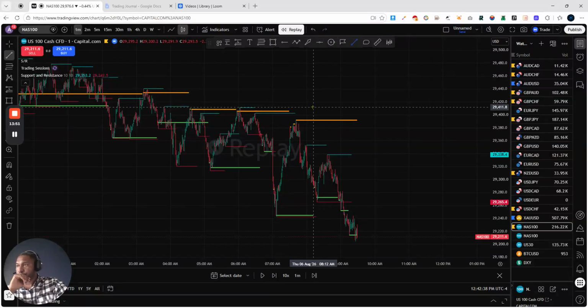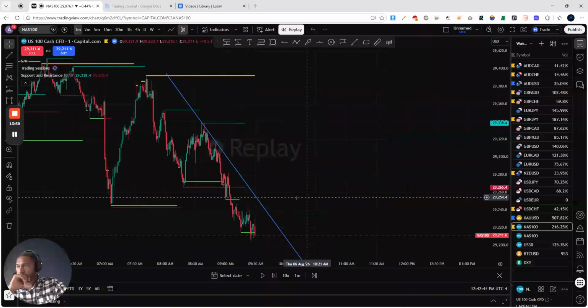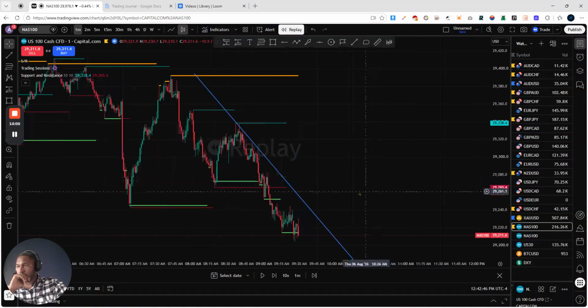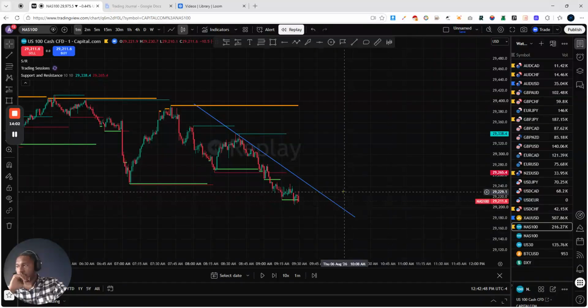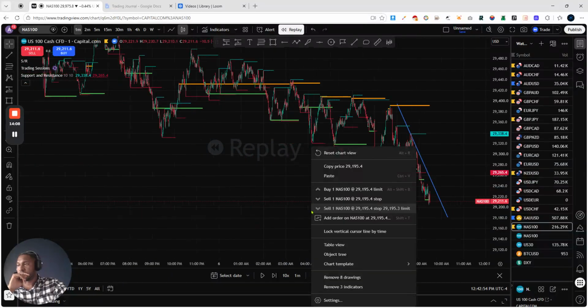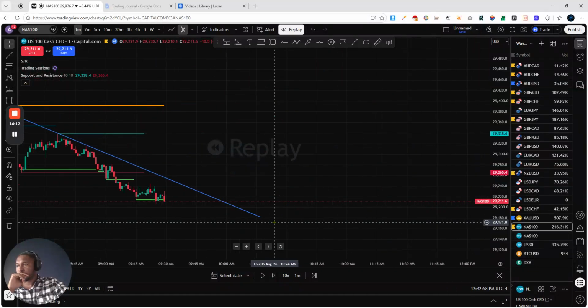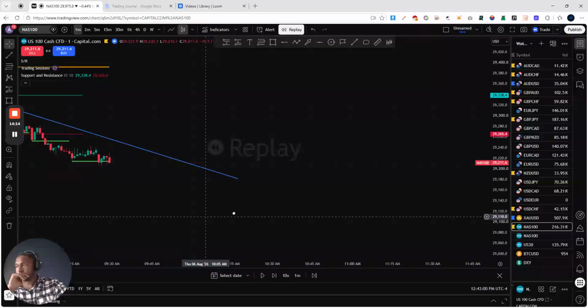This little trend line here, every time price is hitting here, we're pretty much reversing. I do think price is looking to kind of retest here, then keep going down. So let's see what happens.